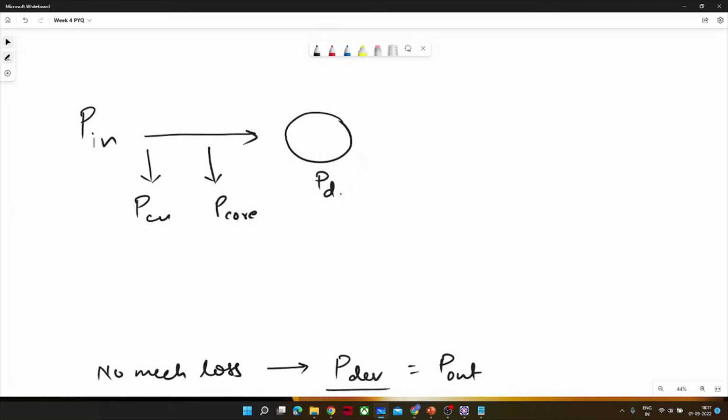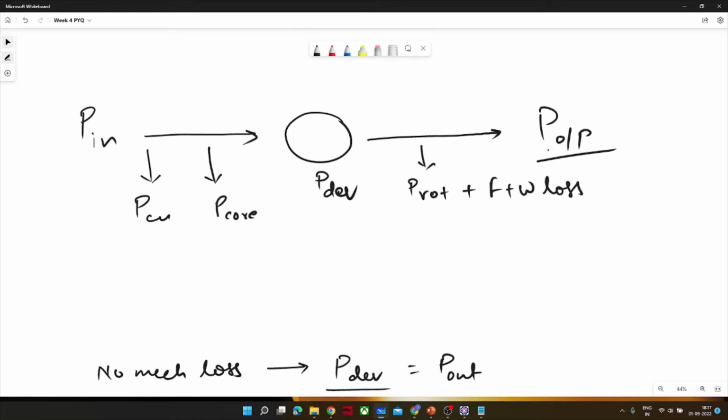So here, power would be developed, and then some mechanical loss, meaning rotational, frictional and windage loss. And here it would be the power output.